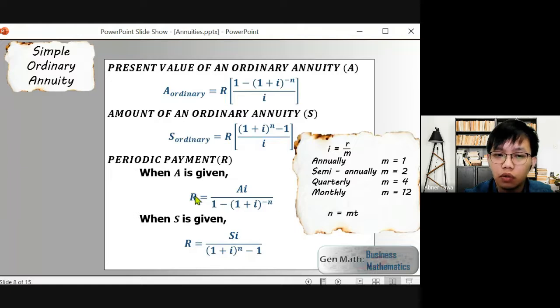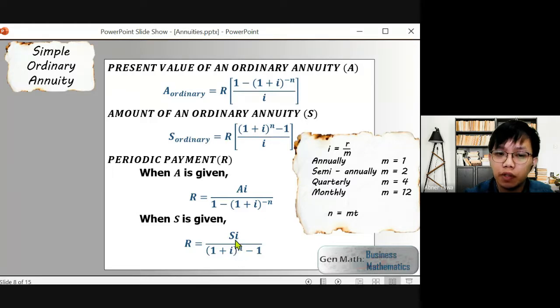Okay? We have here the formula for determining the value of the periodic payment. Whenever A is given, we have here R equals A times I over 1 minus 1 plus I raised to negative n. So the negative n here is an exponent. Okay. And then whenever S is given, we're going to use this one. We have here R equals S times I over 1 plus I raised to n, minus 1.